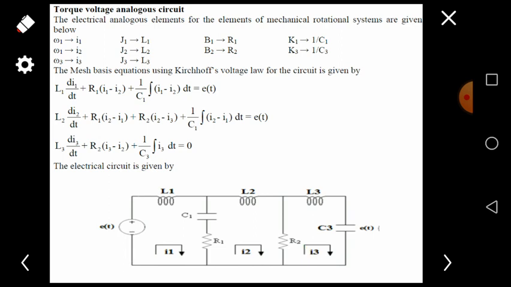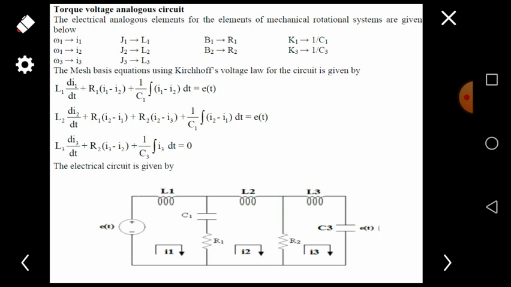In between I1 and I2 we have to draw the common elements that belong to I1 and I2, and between I2 and I3 the common element of I2 and I3.